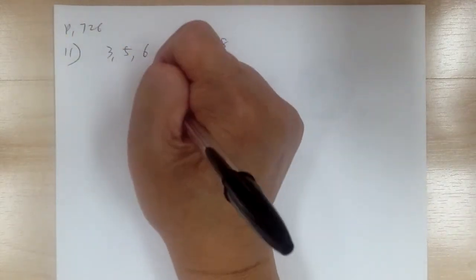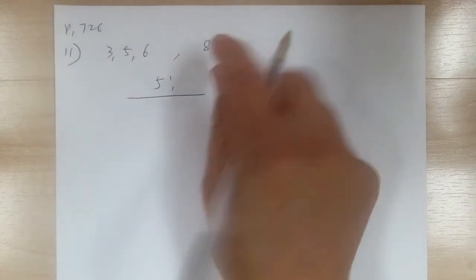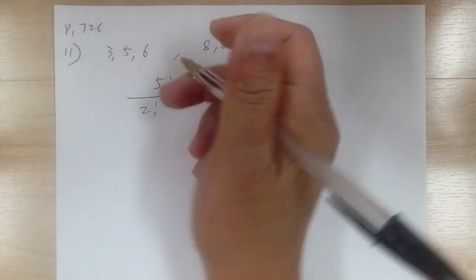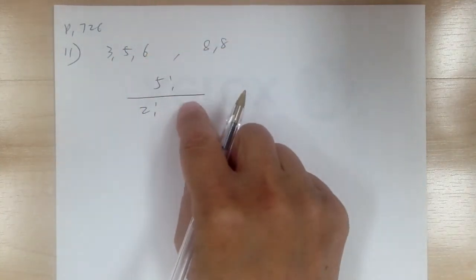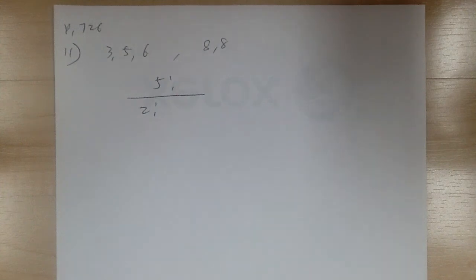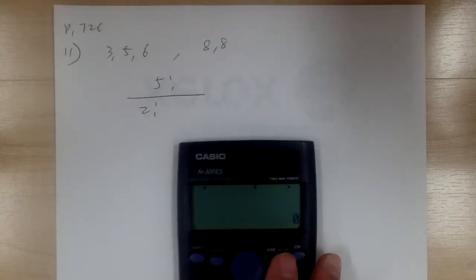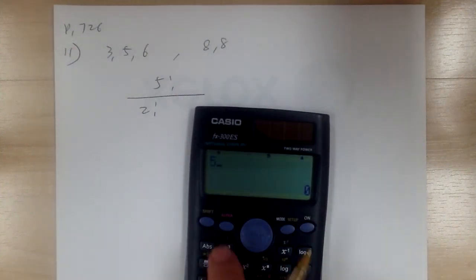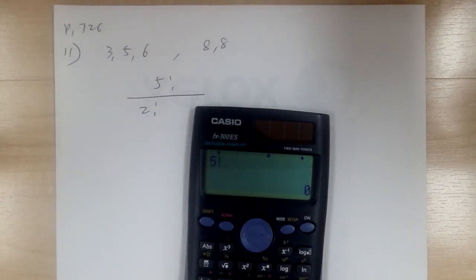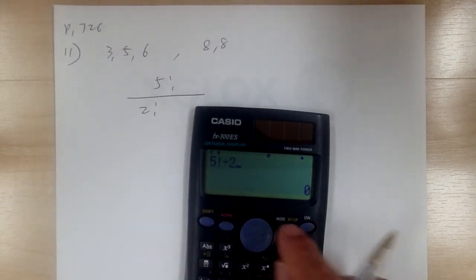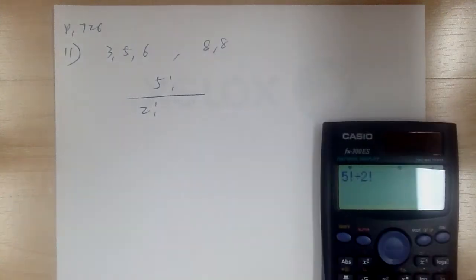So there are 5 different digits, so it'll be 5 factorial. So you got 2 of these, so you have to divide by 2 factorial, and you got 1 of each, so it'll be 1 factorial, 1 factorial, 1 factorial. Okay. And so just go and divide. So you got 5 factorial divided by 2 factorial, and equal to 60.